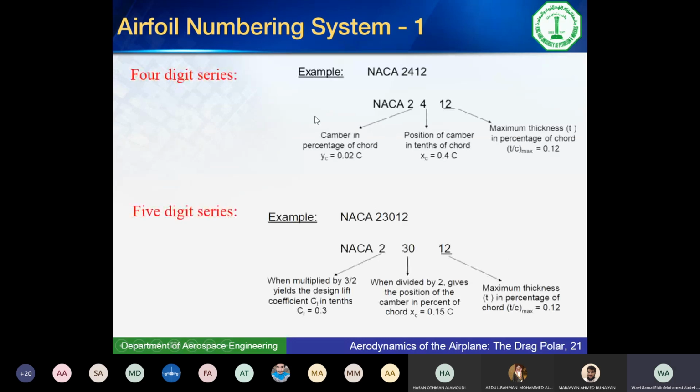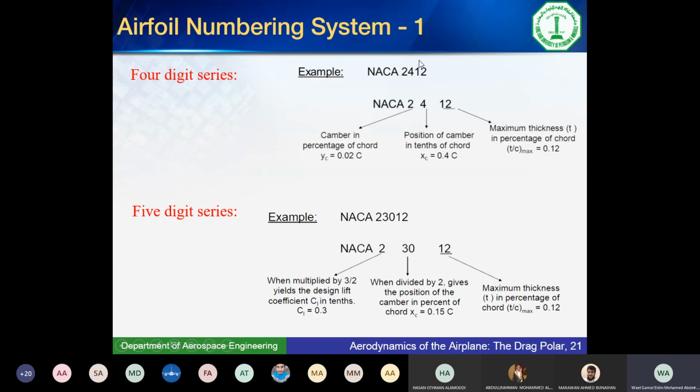Over the years, engineers have developed several families of airfoils. One of them is the 4-digit series. It's a very famous series, particularly for slow aircraft. It was developed by NACA, and the naming is like this. It has 4 digits.